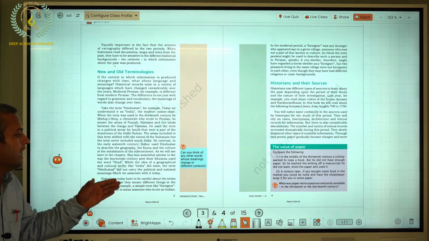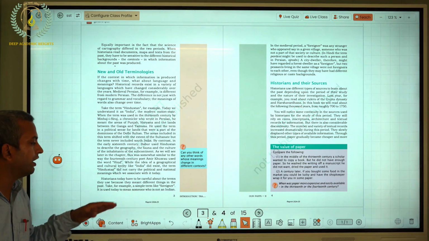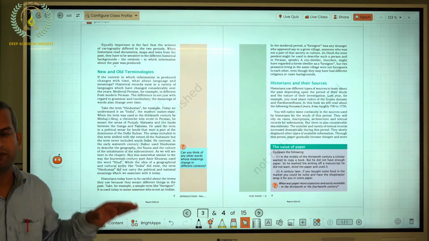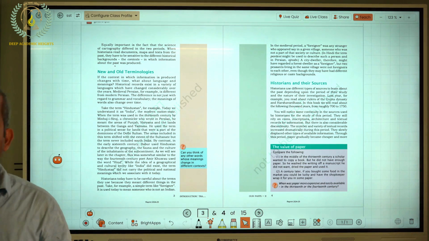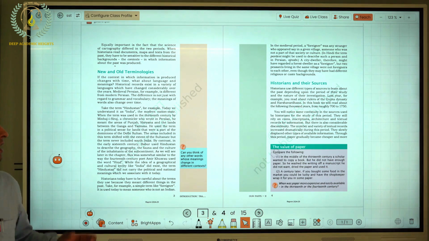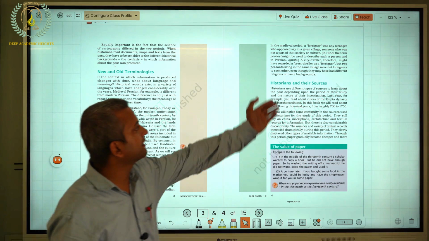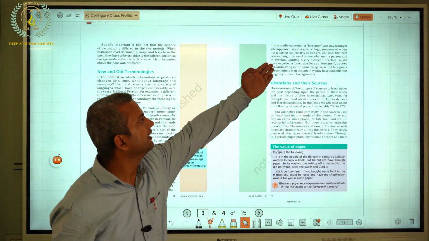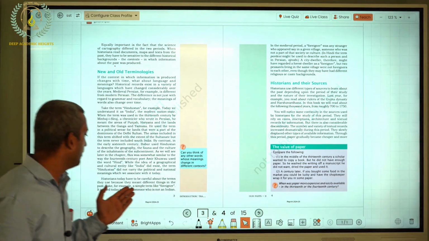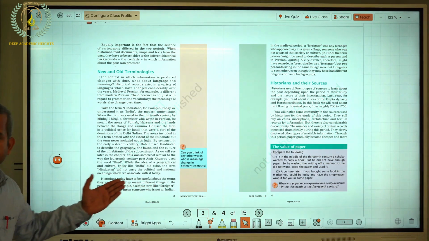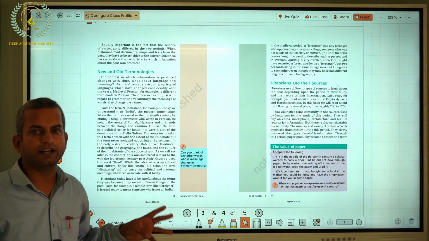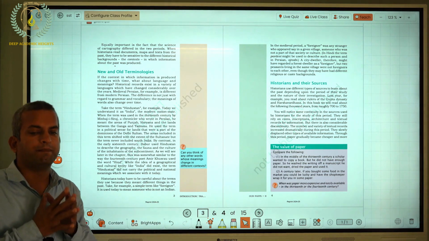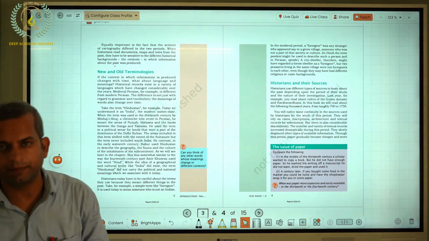Historians today have carefully used the word foreigner also. Foreigner in English, ajnabi in Persian, or pardeshi in Hindi, these three words mean the same thing: a person who is not part of the community.